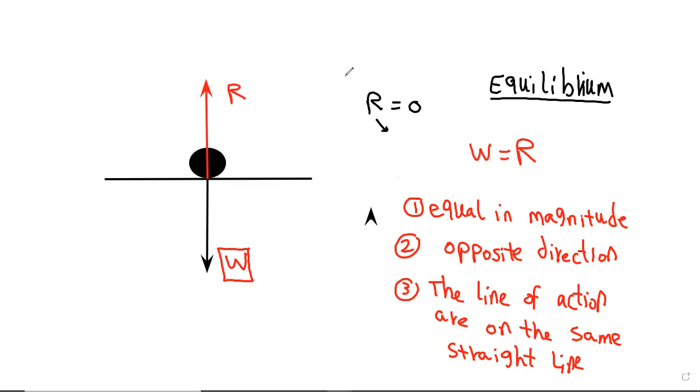Because the sphere is in equilibrium, W equals R. Now, we can say they are equal in magnitude, number one. And as you see, they are in opposite directions, number two. Number three, the lines of action of R and W are on the same straight line. Okay.